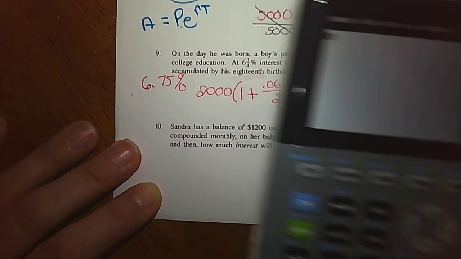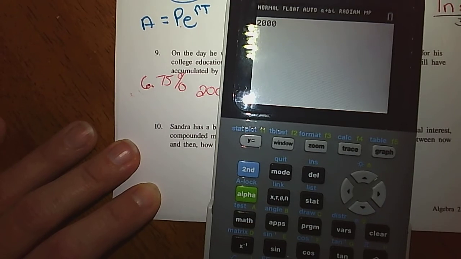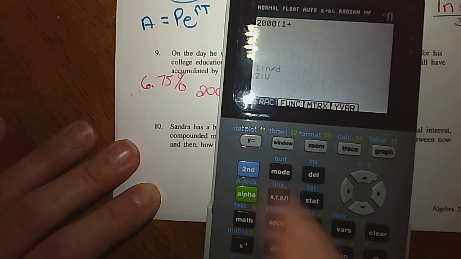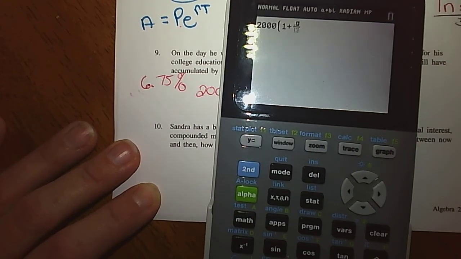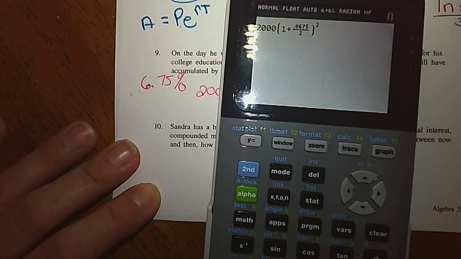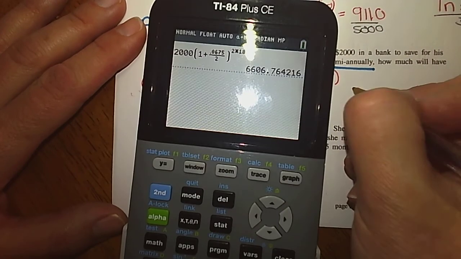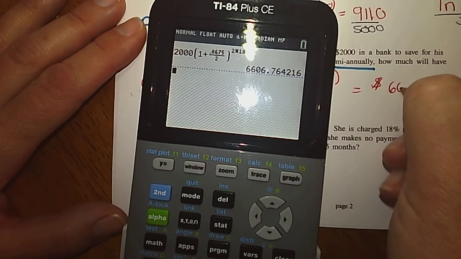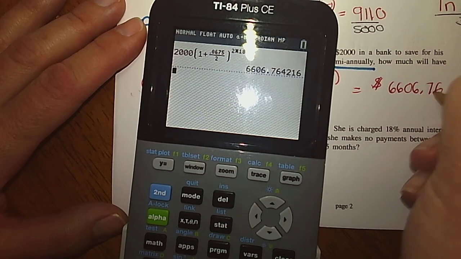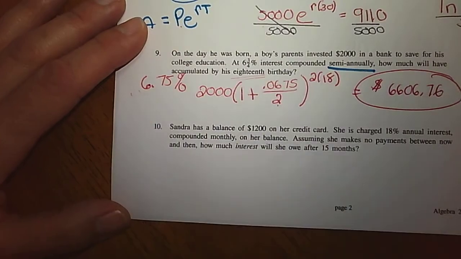So it was 2,000, parentheses, 1 plus 0.0675 over 2, close it, raised to the 2 times 18. And it's 6606.76. So it's money, $6,606.76.